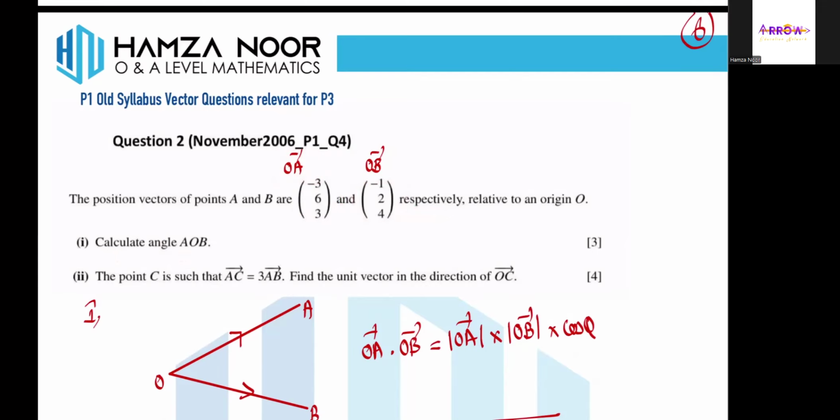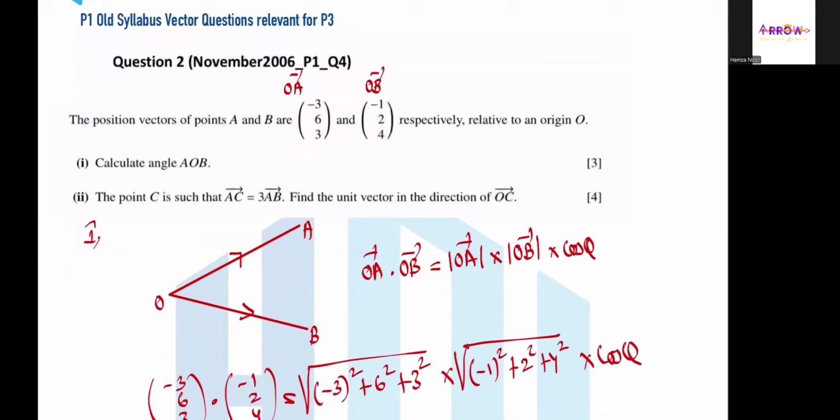So what we are going to do is use the formula for the scalar product. OA dot OB is equal to the magnitude of OA multiplied by the magnitude of OB multiplied by cos theta, where theta is the angle between the two vectors. I hope you have covered this basic concept of scalar product in order to find the angle between the two vectors.